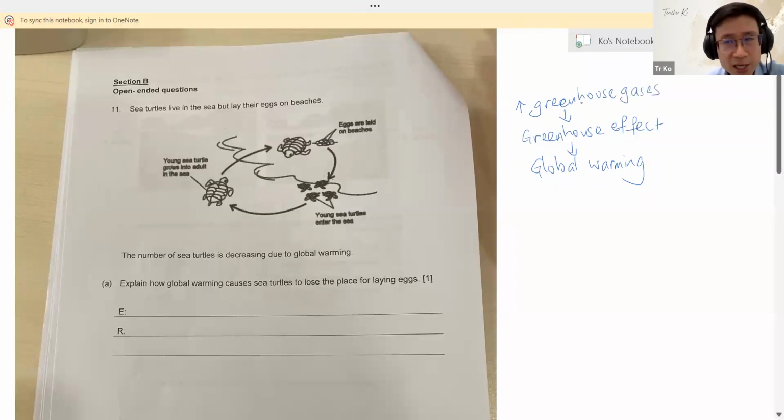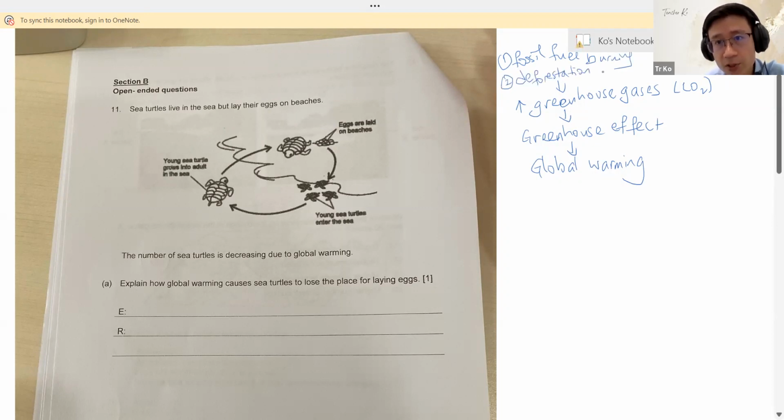And why do greenhouse gases increase? The carbon dioxide, in terms of CO2, is because of a lot of pollution. We burn a lot of fossil fuel. It's because of burning of fossil fuel, as well as number two, deforestation.